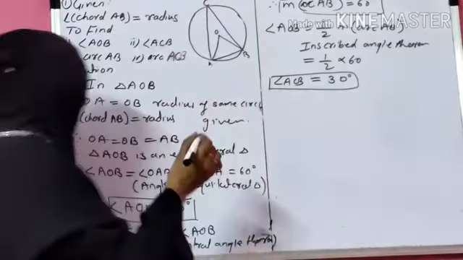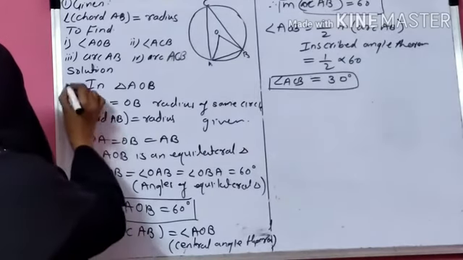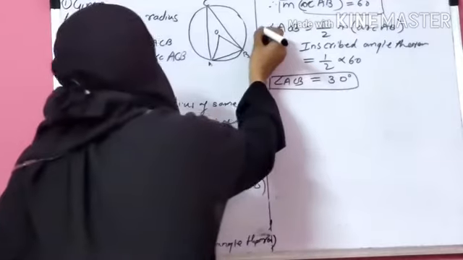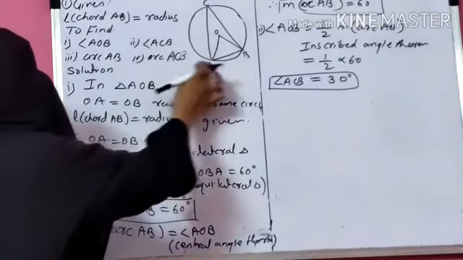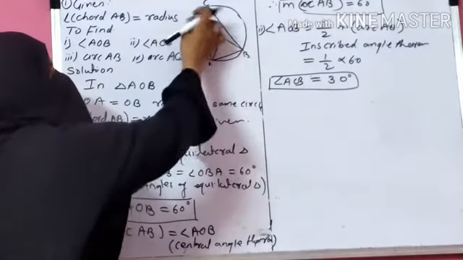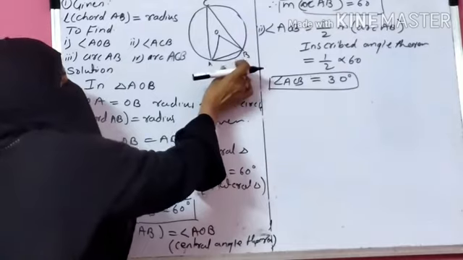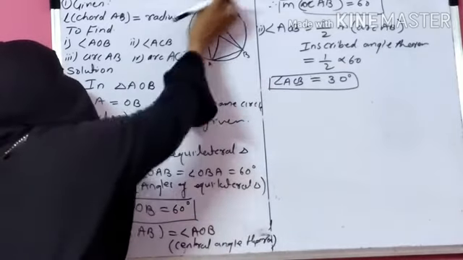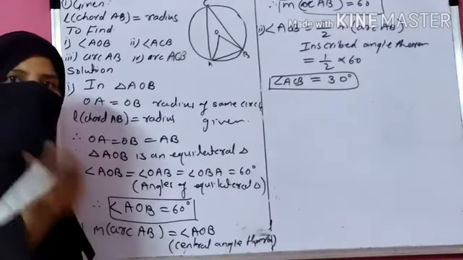Here you find the third one, here the first one, and this is the second one. Now the last, the fourth one, arc ACB. If you subtract arc AB from the whole circle, then you get arc ACB, and the measure of the circle is 360.